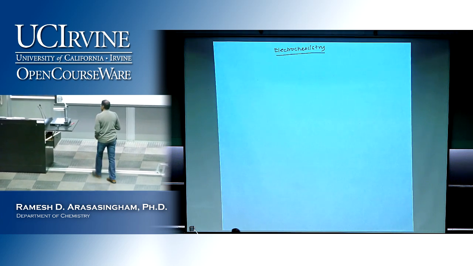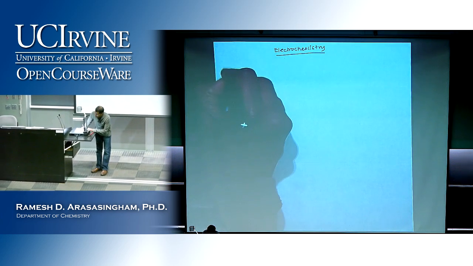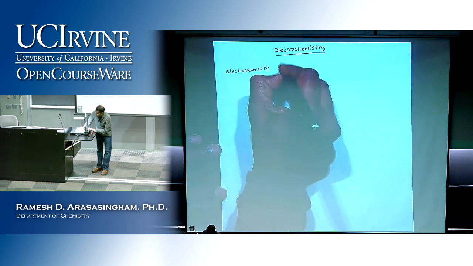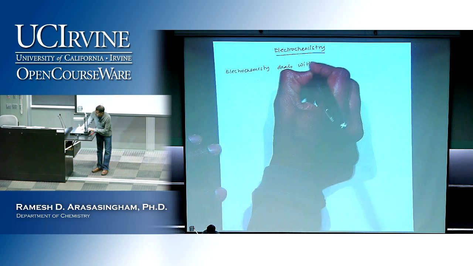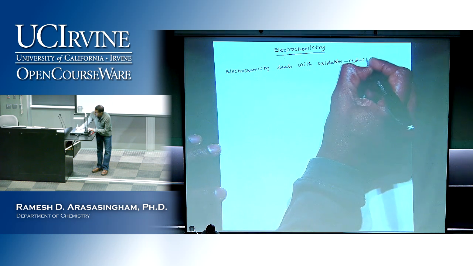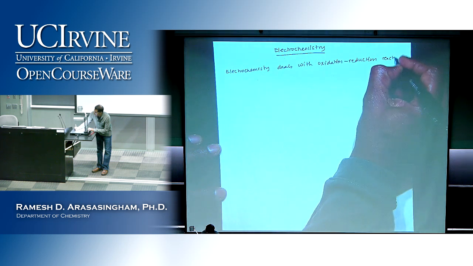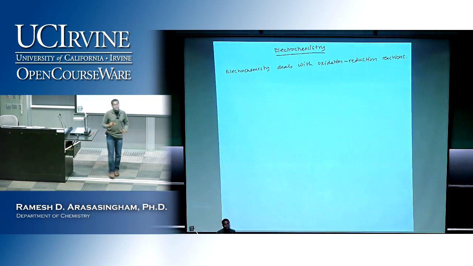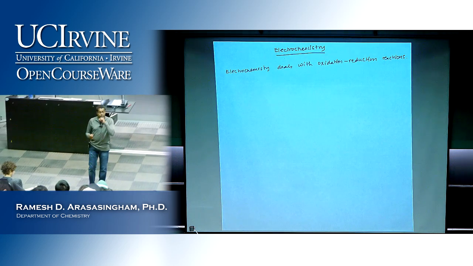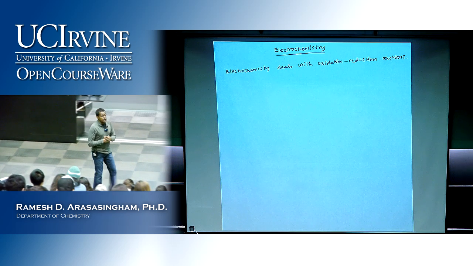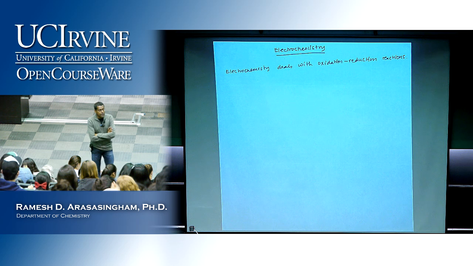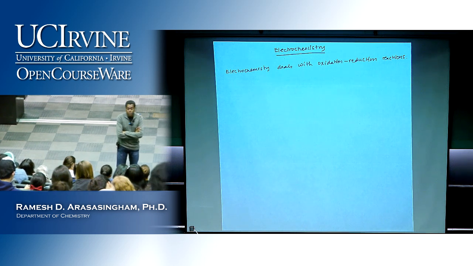Now, electrochemistry deals with oxidation-reduction reactions. So before we start looking at electrochemistry in detail, we need to understand what it means when we say it's an oxidation-reduction reaction.